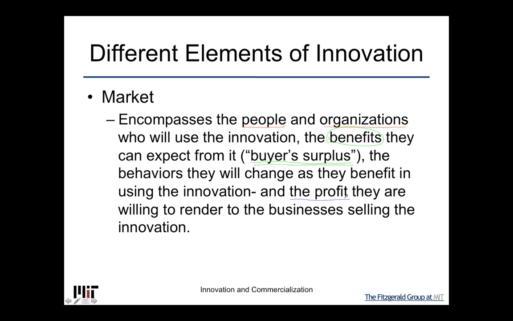What this means, though, is that the percent margin is typically very small, and that's why these businesses have had a checkered past of how to value them. Because there might be 800 million users or 1 billion users, but the profit is razor thin, and all of the benefit goes to this buyer's surplus.